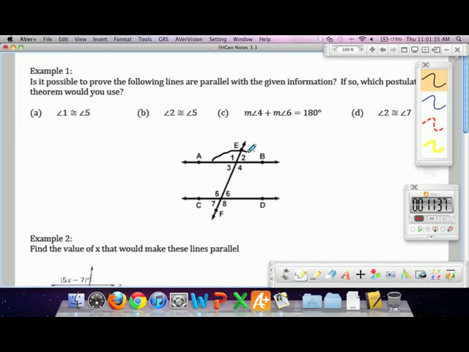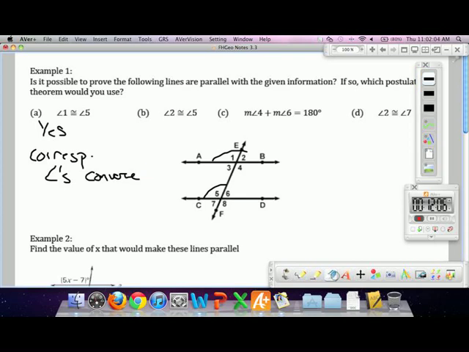Yes. And why? Corresponding angles converse, or if corresponding angles are congruent, then the lines are parallel. Is B enough? No, not good enough.